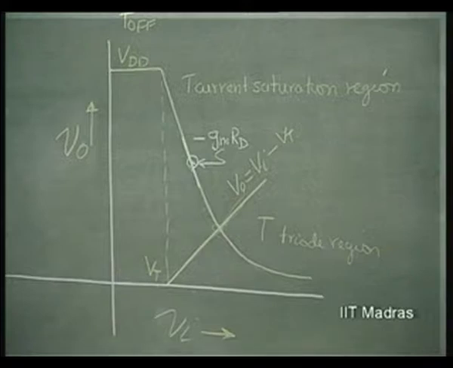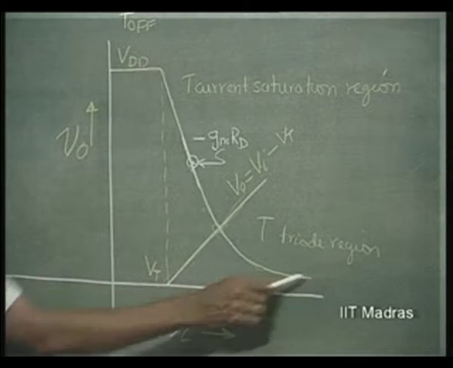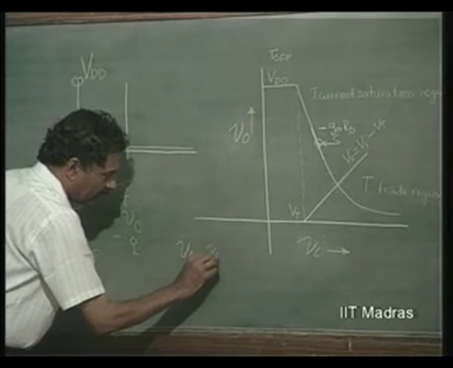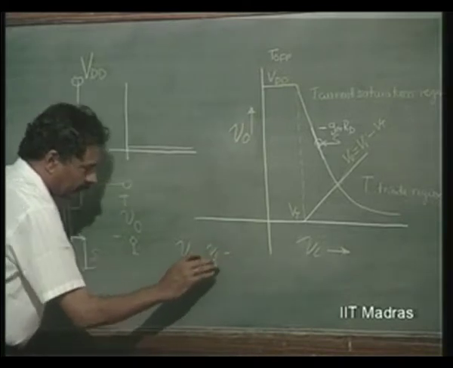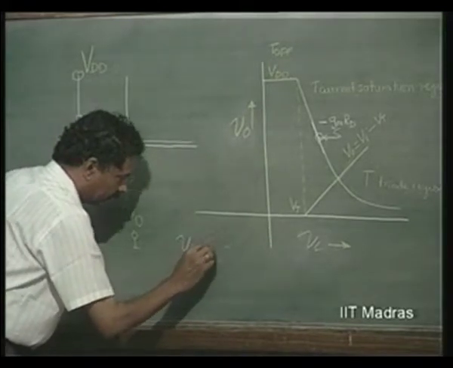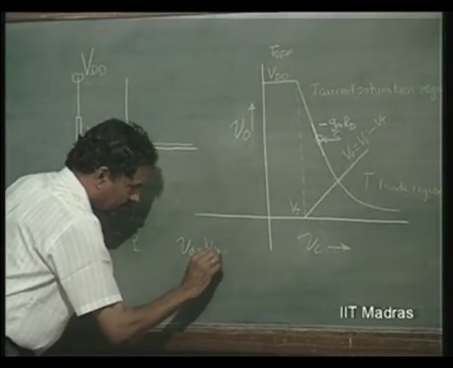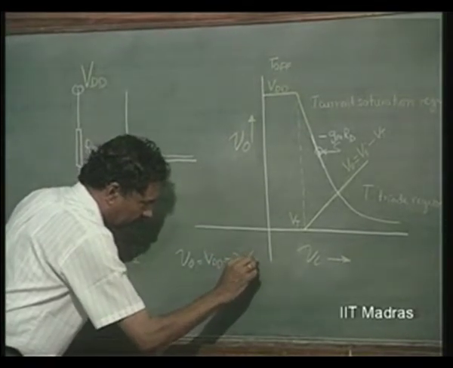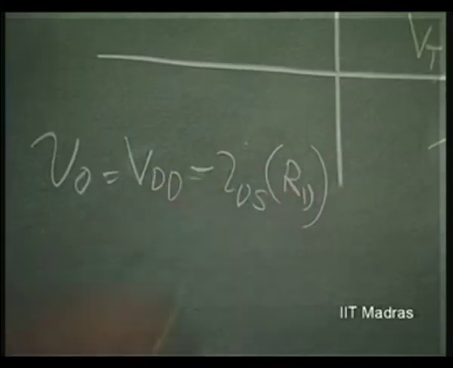That is for IDS, and this relationship is followed. So, basically we are using the equation V naught is equal to Vdd minus IDS into Rd. So, this is the equation that is plotted there.